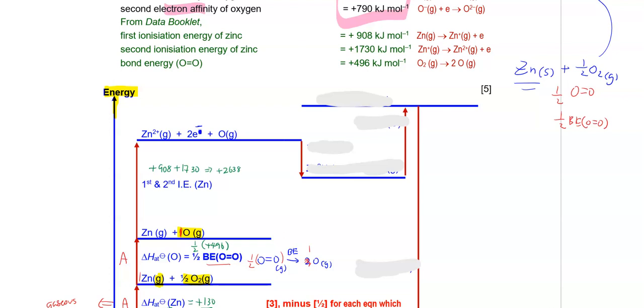Then once I've done my gaseous cation, and this is my ionization, right? I need to now get my gaseous anion. So focus now on the gaseous anion. So I'm going to combine the electrons lost from zinc to form Zn2+ with oxygen to form my O2-. So the end goal is to get Zn2+ gas plus O2- gas.